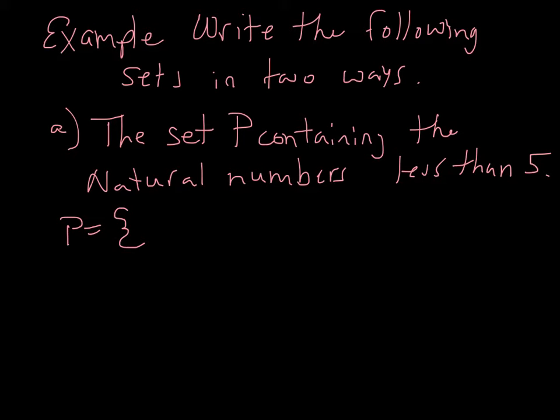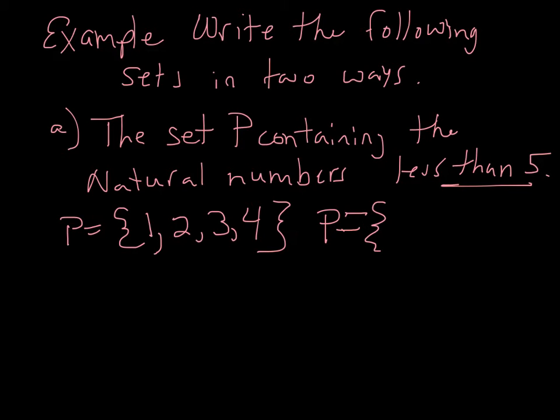Now the natural numbers start at 1 because, believe it or not, people didn't think of the number 0 for a long, long time. We started counting with 1, and so those are the natural numbers. And so 1, and then we go to 2 and 3 and 4, and then we stop because it says less than 5. So that's one way, is listing them out. Another way would be to say the set P, and then we can use a mathematical descriptor.